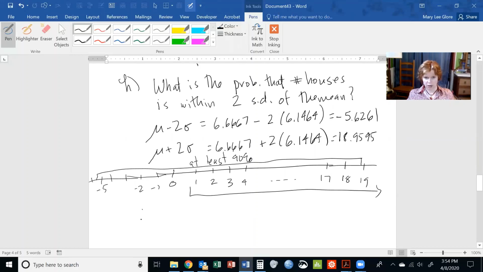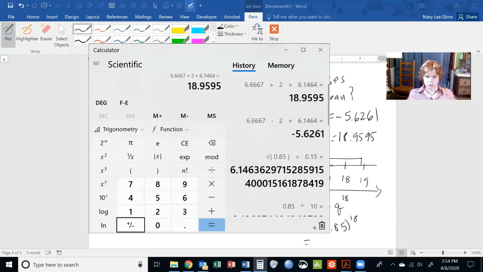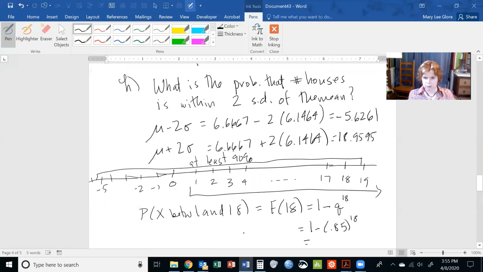So the probability that X is between 1 and 18 is F of 18. And that is 1 minus q to the 18th, which is 1 minus 0.85 to the 18th, which equals 0.9464.